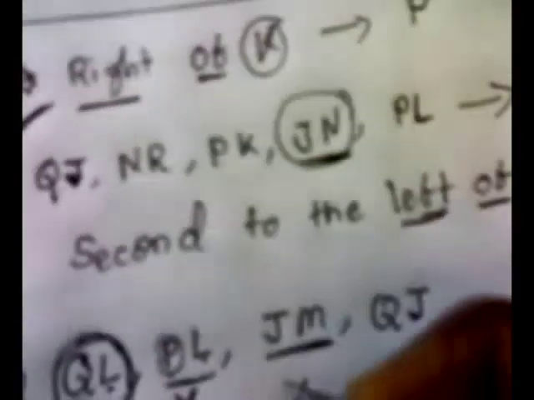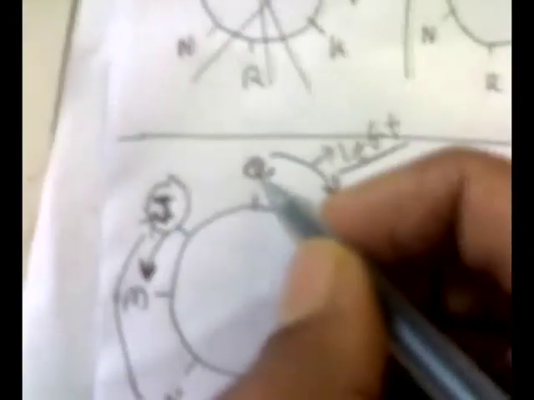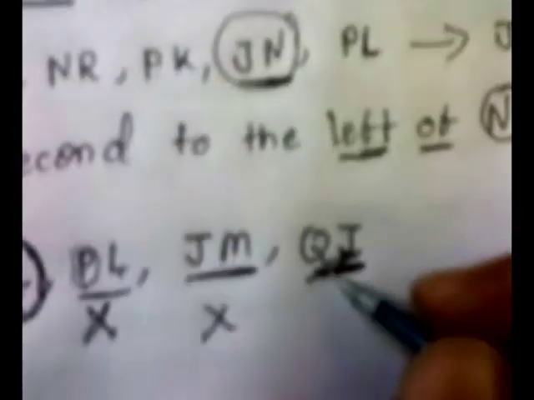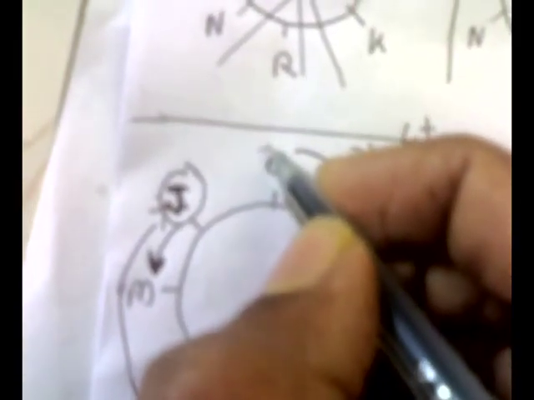In the same manner, if we find out JM, M should be immediate left of J. So if we move from J to M, we are moving in anti-clockwise direction, so it will be right. So M is to the immediate right of J, so this option also is wrong. Now we will find out for QJ, that is Q and J. So we have to find out if J is sitting immediate left of Q. So we will move from the letter which is followed by of.